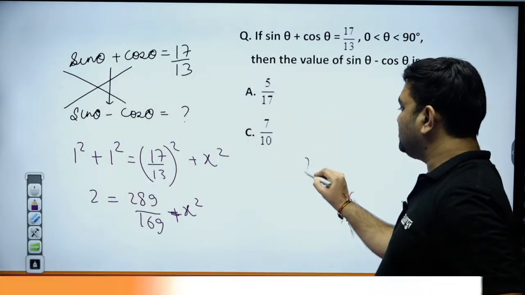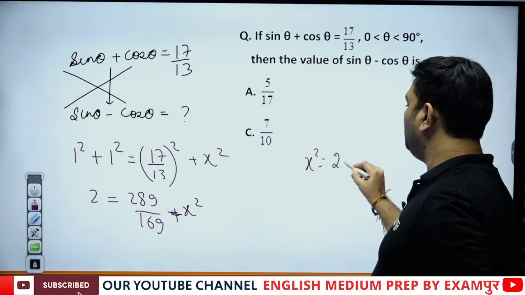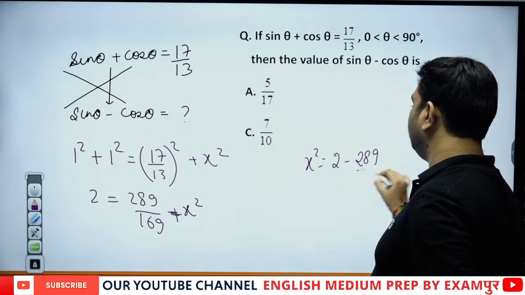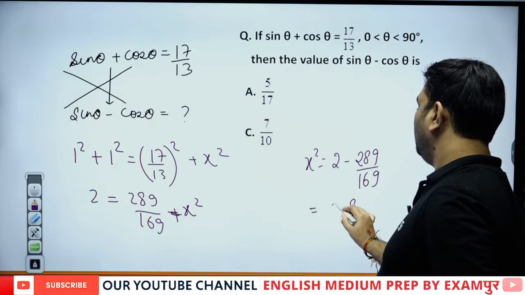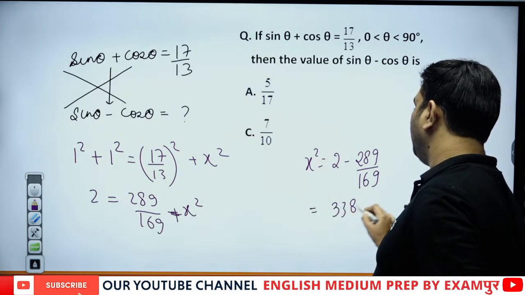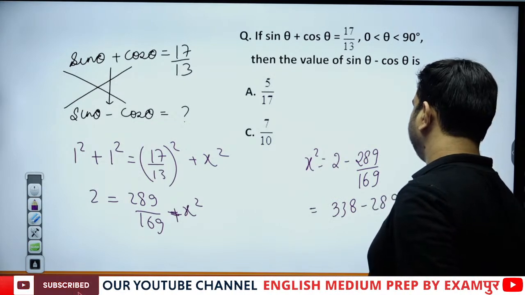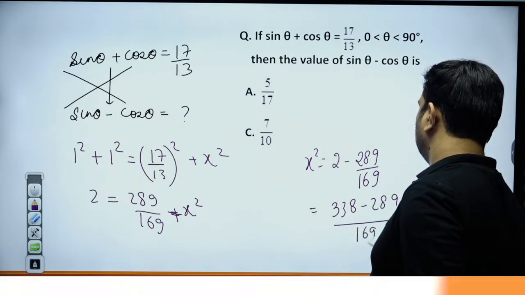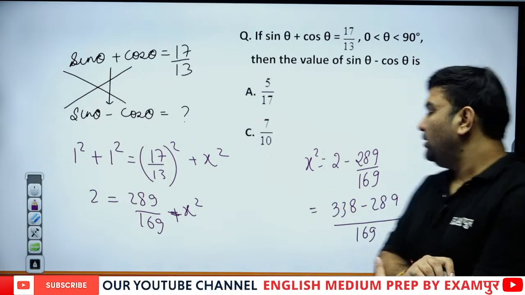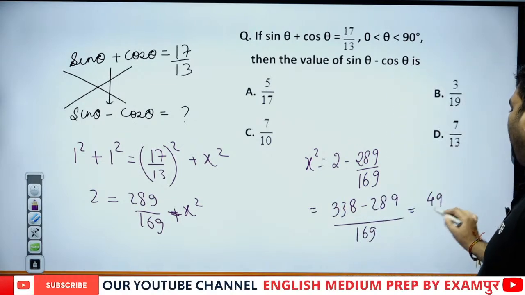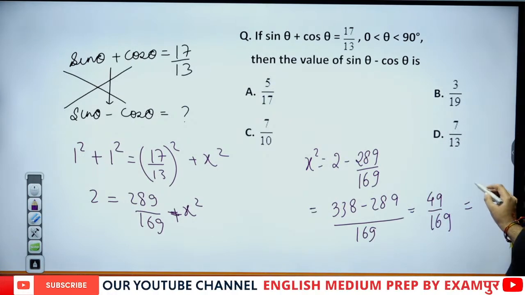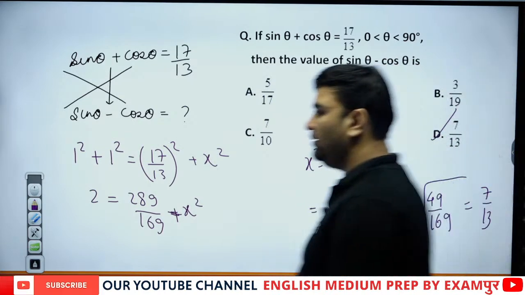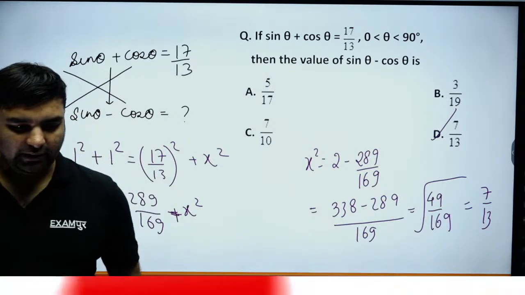So x square is going to be 2 minus 289 upon 169, which is 338 minus 289 by 169, which becomes 49 by 169. When you take the square root of it, it will become 7 by 13. That is the answer.